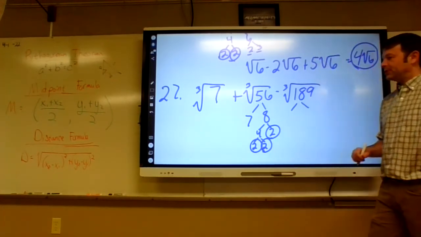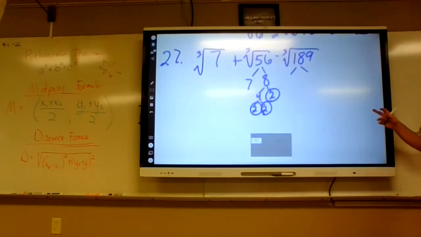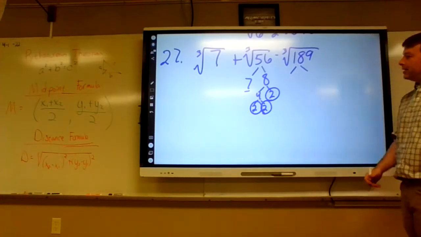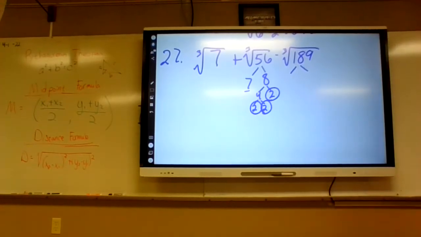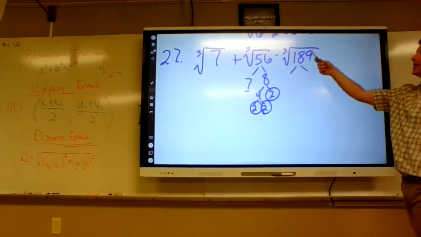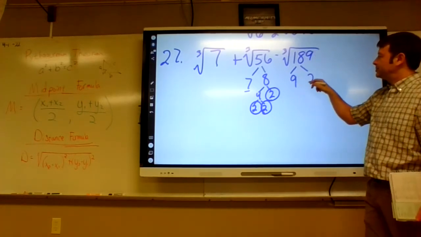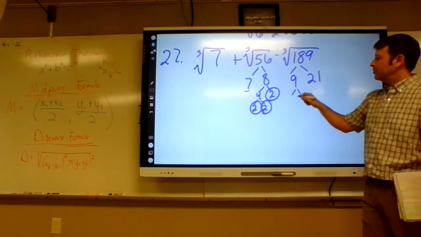So remember, since we're doing a cube root, we need 3 of them. Okay, what goes into 189? What goes into 18 and 9? 9. So this is 9 times 21.